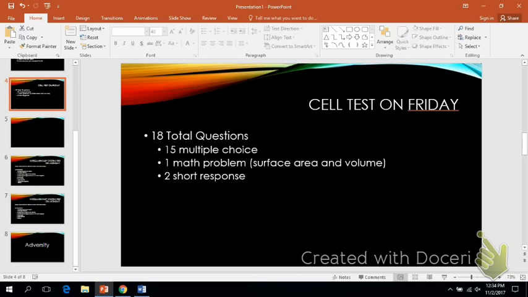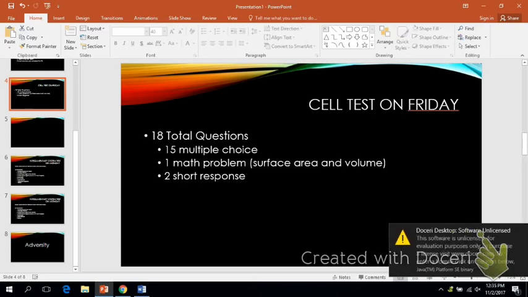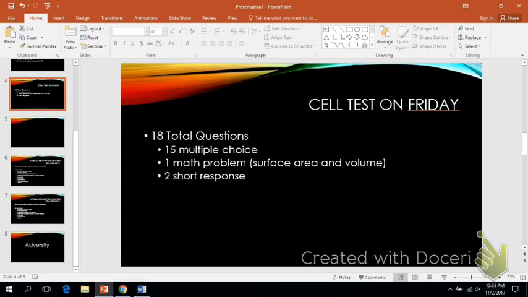You do not have to know how, so you don't have to memorize what the scientists did. All you need to know is what the 3 parts of the cell theory are. You do not have to know the stuff about the microscopes yet. We will use that on something later on, but there will not be microscope questions on this test.